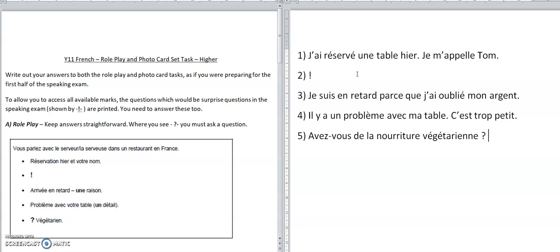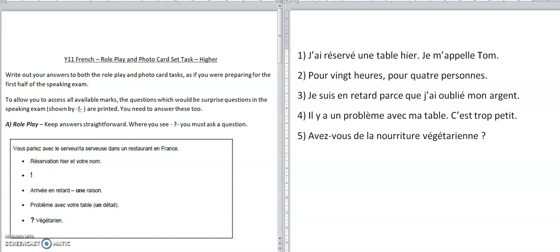So it was for what time and for how many people. So we don't even need full sentences here. We could just say pour 20 heures, for 8 o'clock. Remember, they like to use the 24-hour clock in French. Pour 4 personnes.